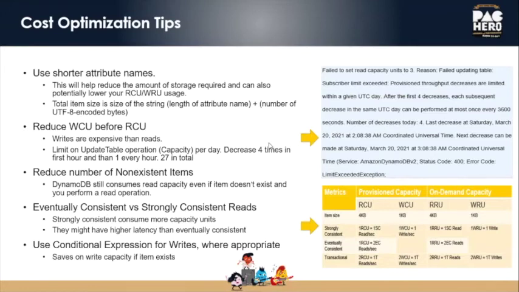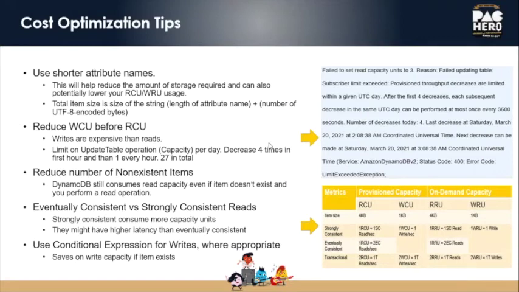Next tip is reduce number of non-existent items. If an item does not exist in DynamoDB and you make a call, you are charged for it, whether that item exists or not. If you make a call, you will be charged. Now, one of the things you want to make sure of is in your application, if it gets a request saying, hey, give me this client customer ID with 1, 2, 3, 4 value, you want to make sure you're checking for the patterns in your application layer.